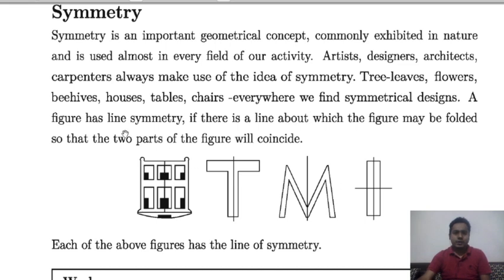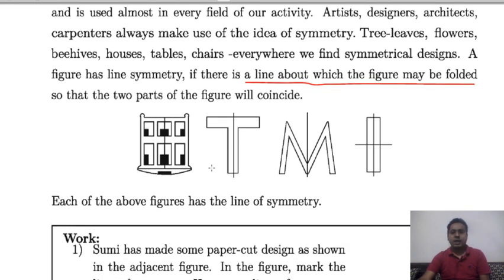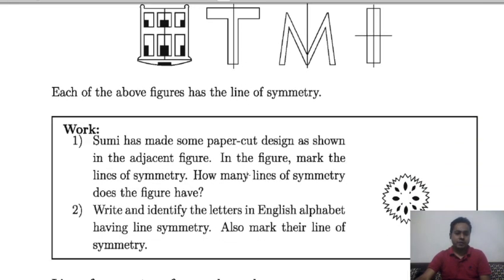A figure has line symmetry if there is a line about which the figure may be folded so that the two parts of the figure coincide. If a line divides a shape into two similar shapes, this is called a line of symmetry.